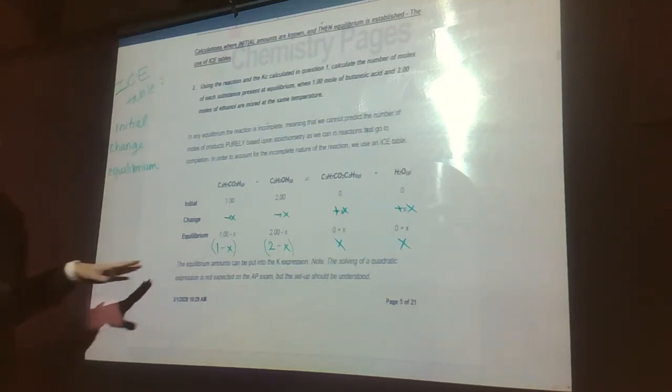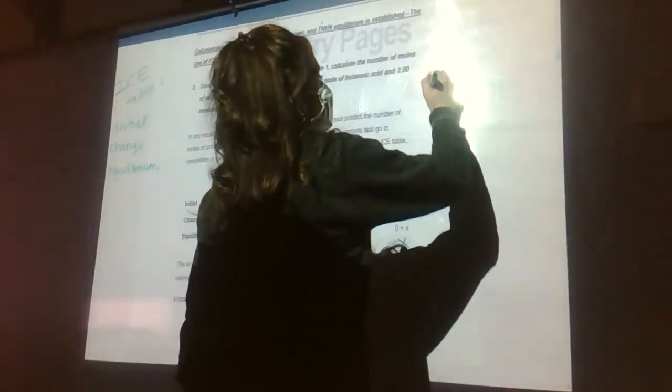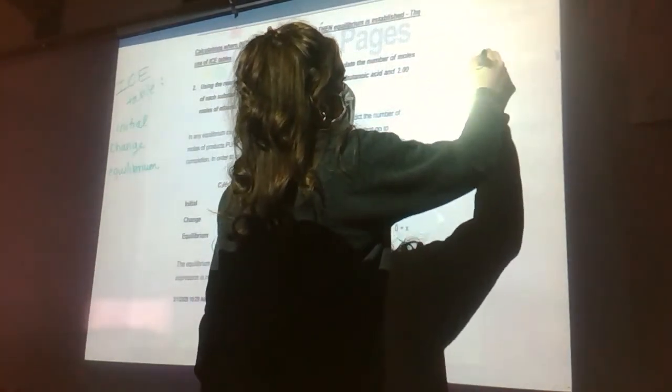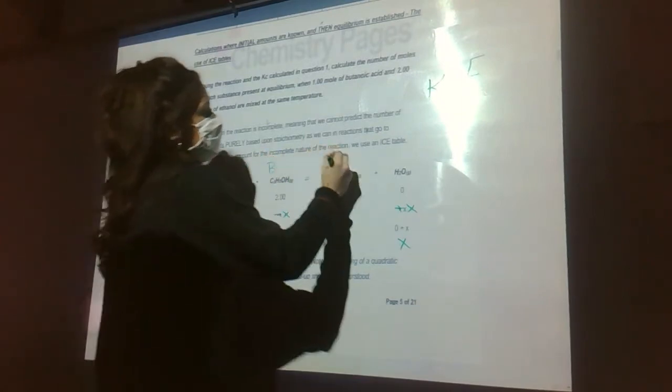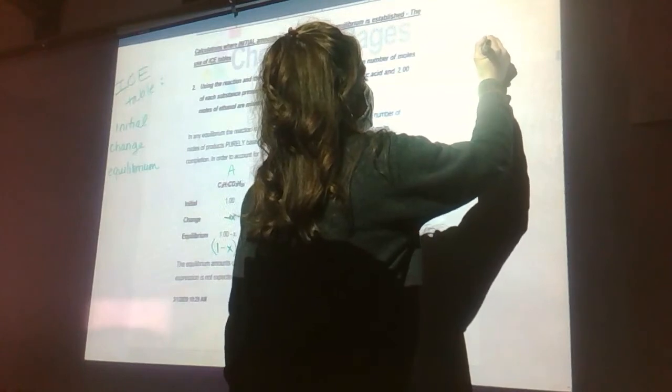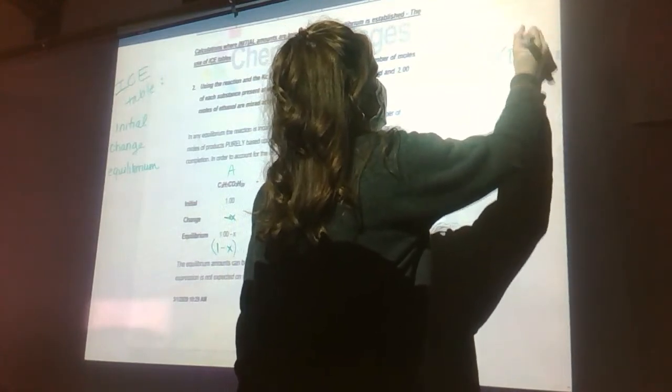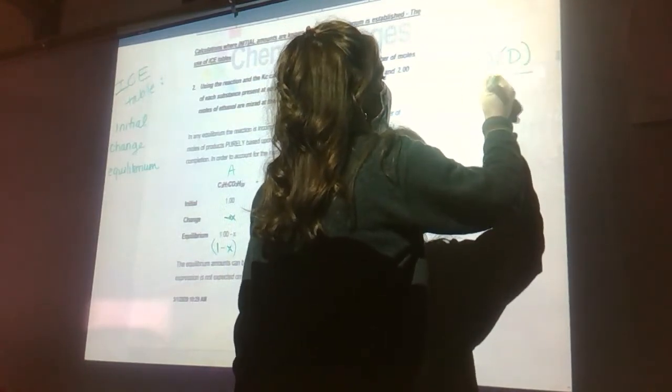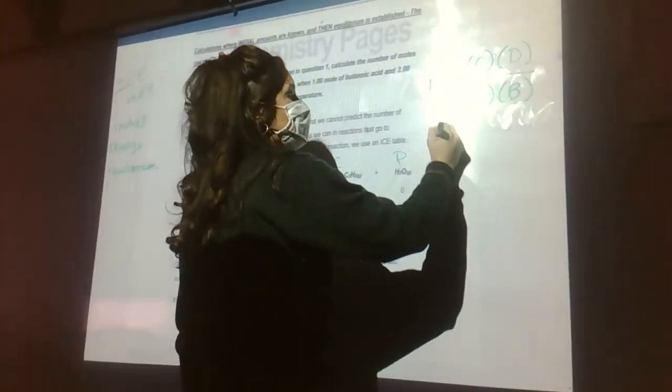And then at this point, I would fill in the expression for K, which is the concentration. We label these A, B, C, D, or the moles. It would be C times D over A times B. In the problem before, we found out that K equals 4.